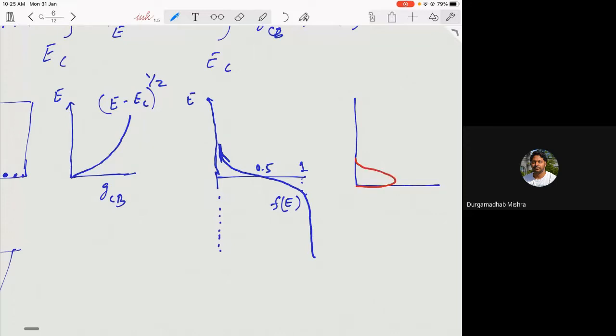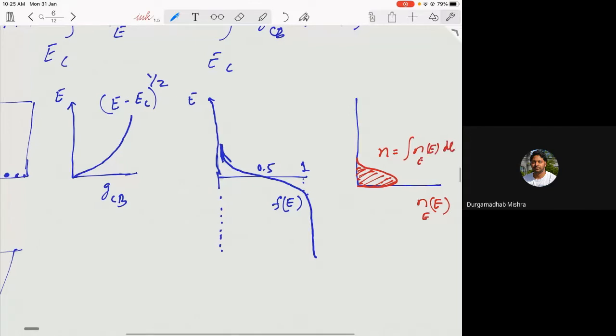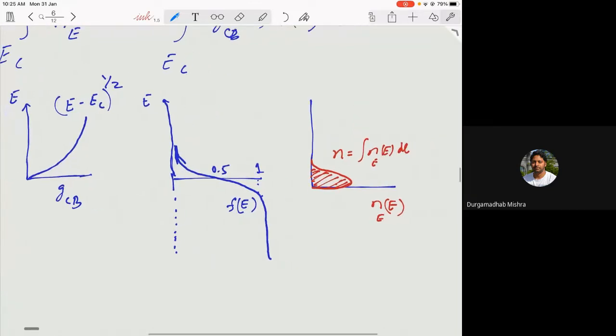This is my N(E). Now if I take the area under this curve, that will be my N, which is the integration of N(E) dE from EC upward. That means the area under this curve says how many electrons I have in the conduction band.